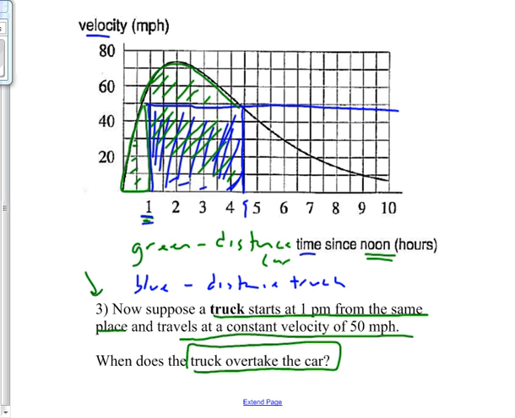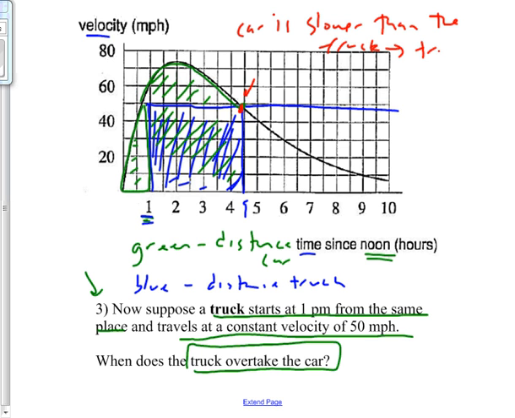Okay, and at the time 4.5, this is the point right here. This is a very critical point. At that point, the car is slower than the truck. It doesn't mean that their distances are equal, but that is the point where the car starts to become slower than the truck.